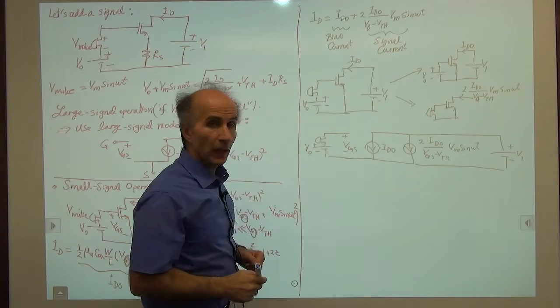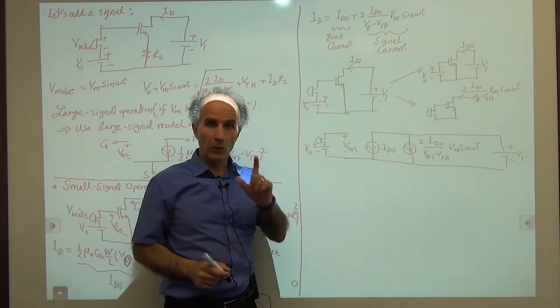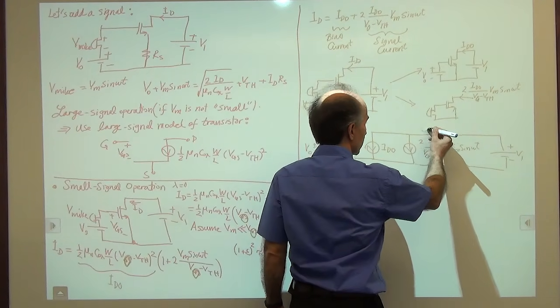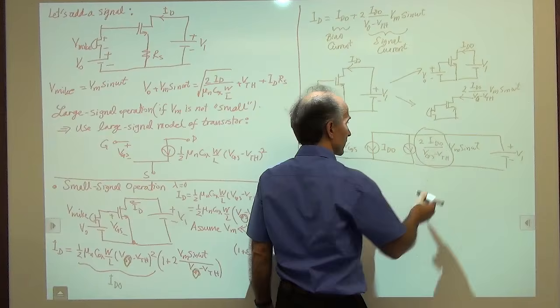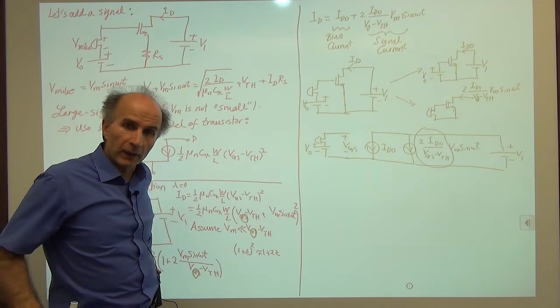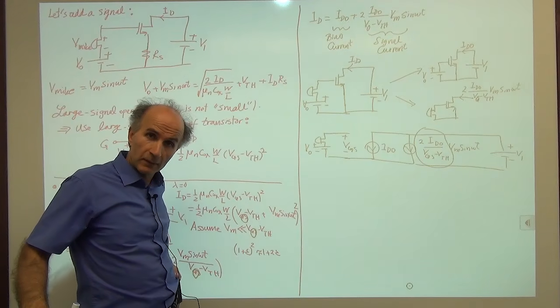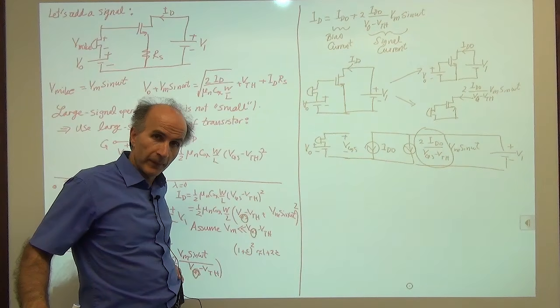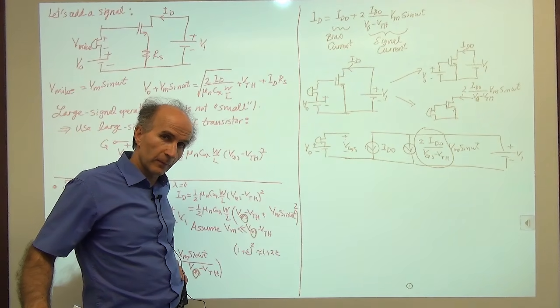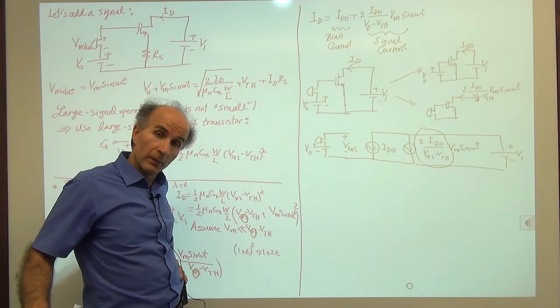Okay. All right. So, one interesting observation. What is this? This factor here, is it familiar? This factor is the following. It's a bias quantity, because there's no signal in it, right? And it's equal to twice the bias current divided by the bias overdrive voltage.